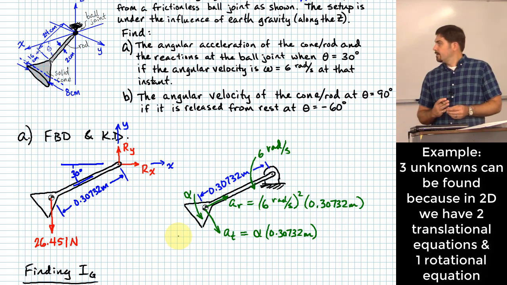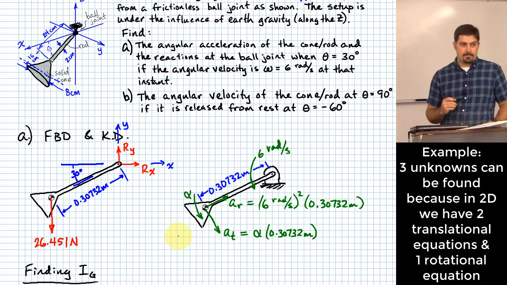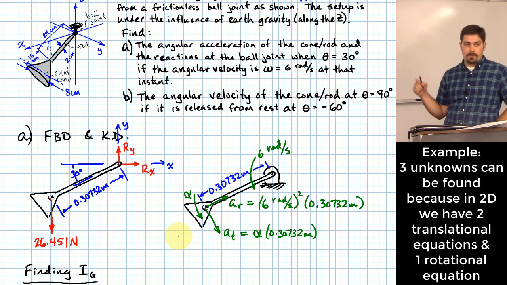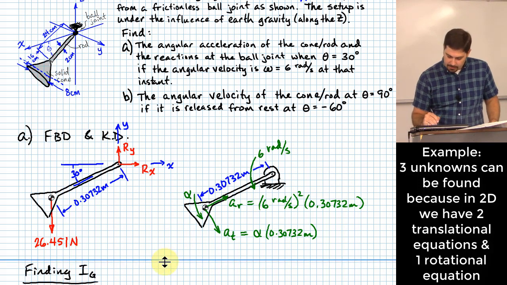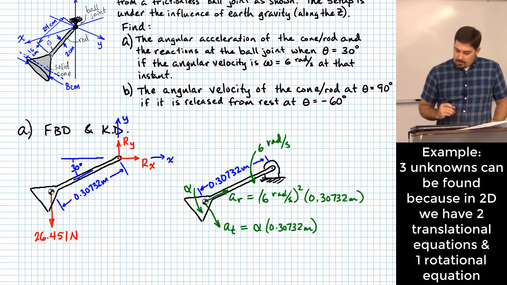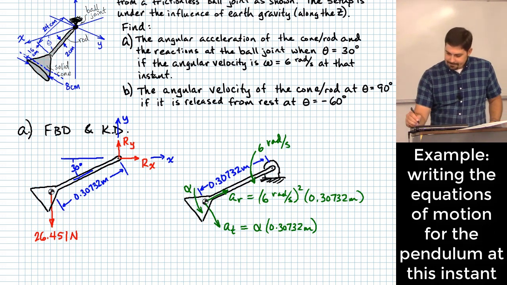Right? Awesome, because this is a 2D problem for a rigid body, which means I can do 3 equations, which means I can solve for all of those things, because I can do a 3x3 system and figure out what those things are. All right, let's start with the rotational equation.